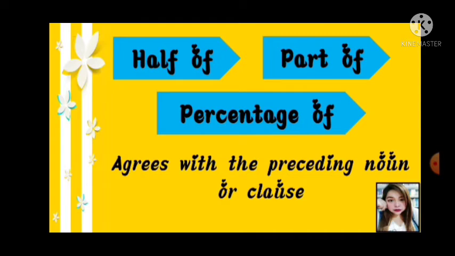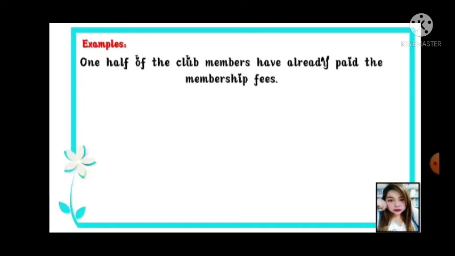Remember that the verb should always agree with the preceding noun or clause. So we have here the preceding clause of the club members, which is plural in form. That's why the verb must also be plural.